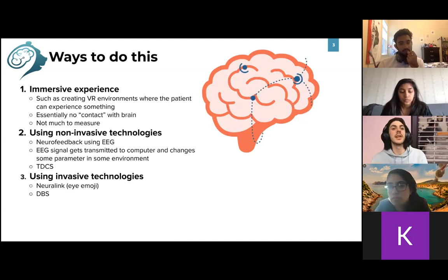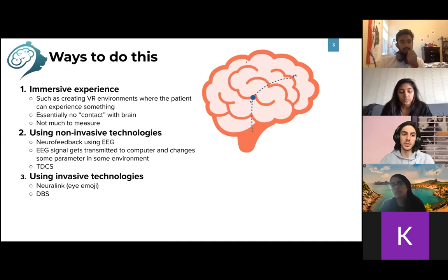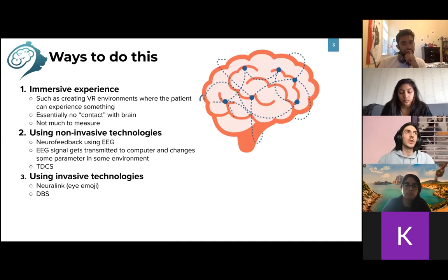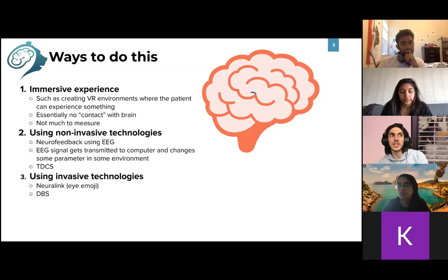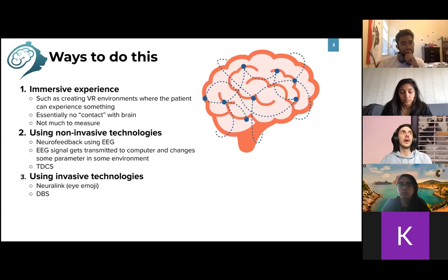For instance, one way is creating an immersive experience, such as through VR environments, where you can recreate an environment where you experience something like a traumatic event and relive that. And then, as Sarang said before, you can recondition yourself and your brain to have a different or less of a reaction to that.